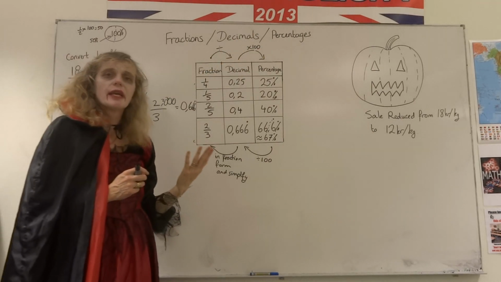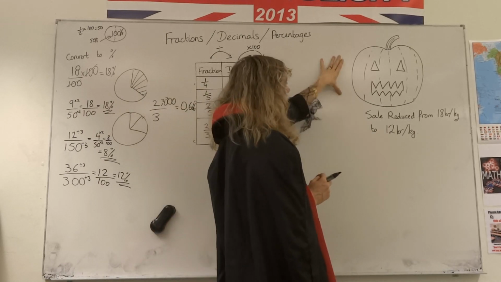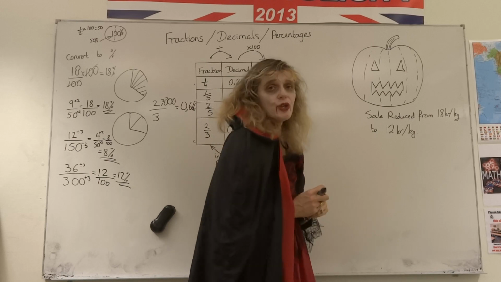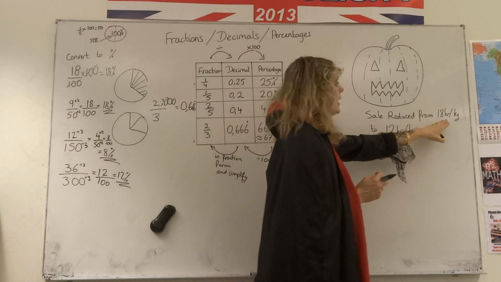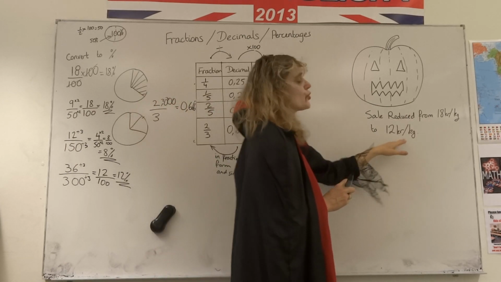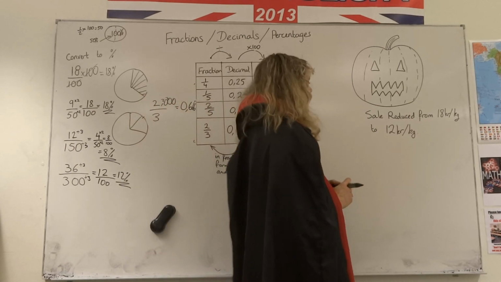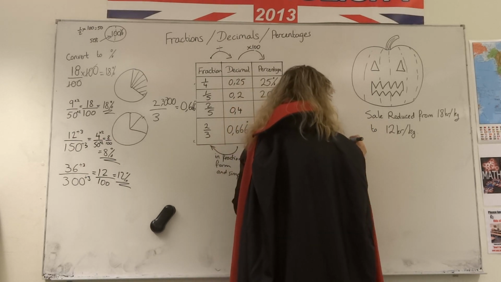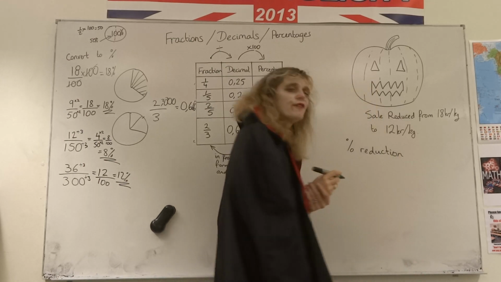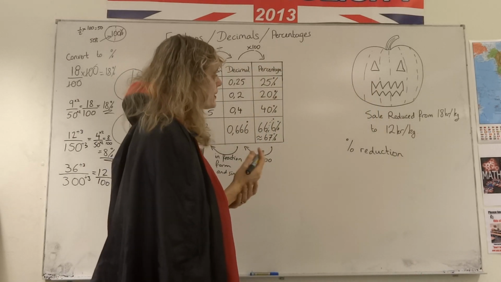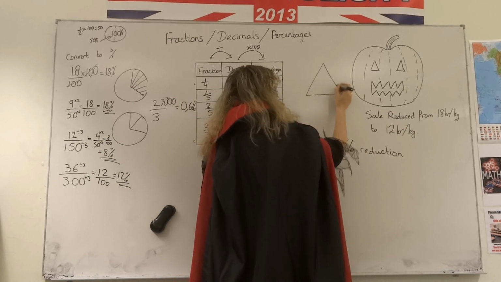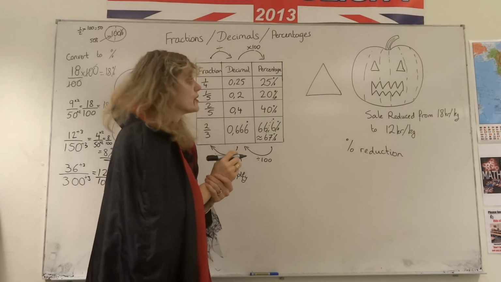How do we work something out then that's percentage change? Let's say we've got a pumpkin and Halloween is over, so it's being reduced in price. It was originally 18 kronas a kilo to buy a pumpkin, and now it's going to be reduced to 12 kronas a kilo. What is the percentage reduction? Well, there's a formula for percentage reduction or percentage change, and we can think of using the triangle that we're used to using for speed is distance over time.